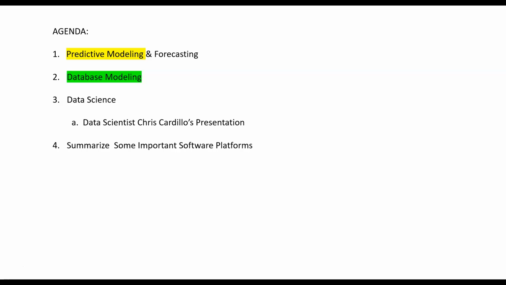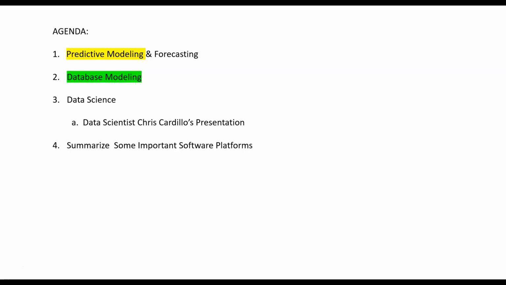Then you come up with an equation, an algorithm, so that you're modeling, finding out what profile best matches a responder.